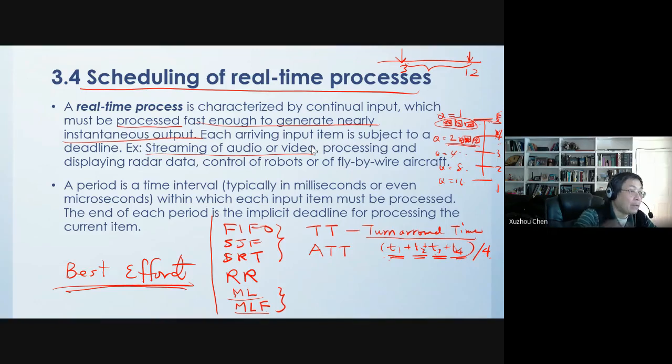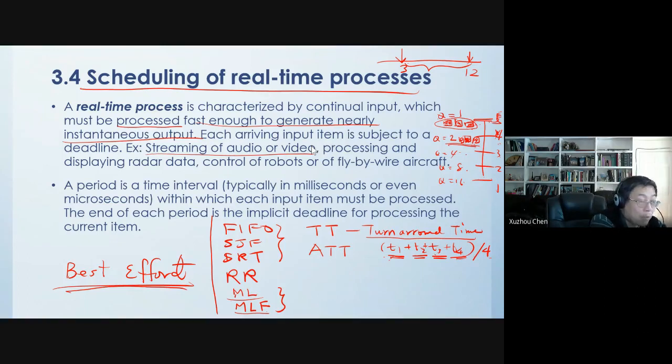Then the computer has to execute the process and complete it within a second, because otherwise the vehicle is going to hit the object and cause a car accident. So that's a real-time process.